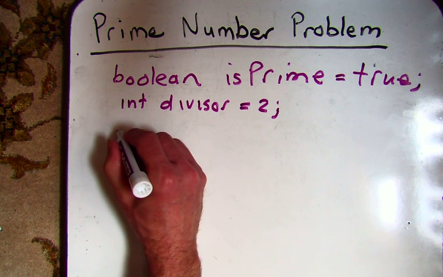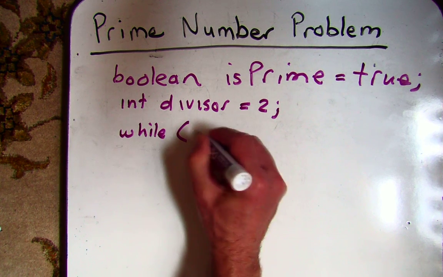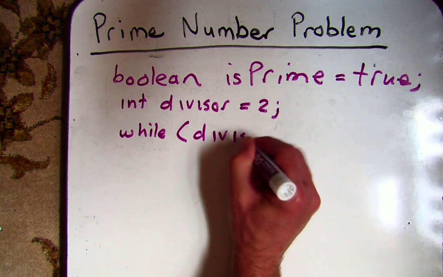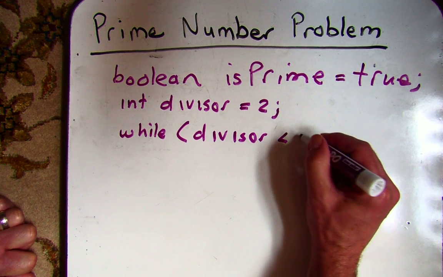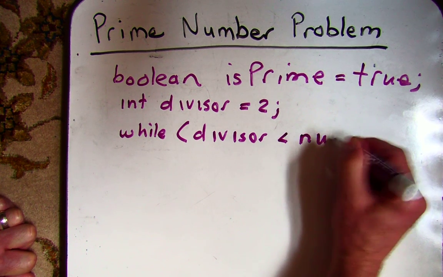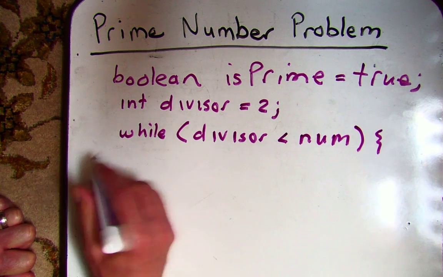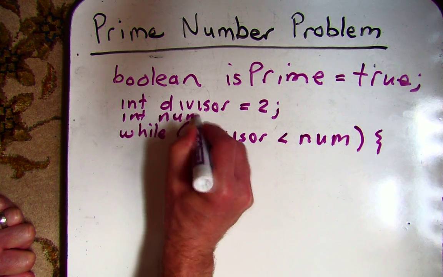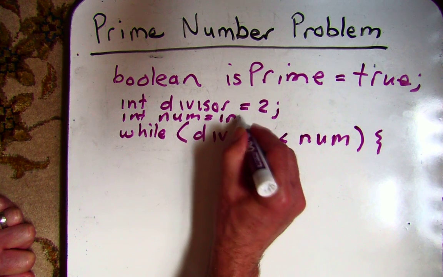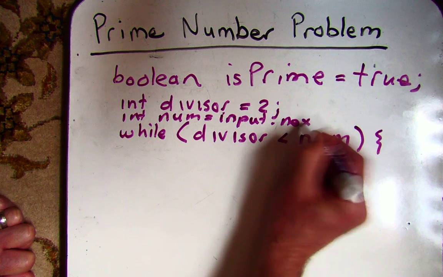And we could say, while divisor is less than the number. I also should make a variable called num. Squeeze that in there: int num equals, let's say we made an input, nextInt.